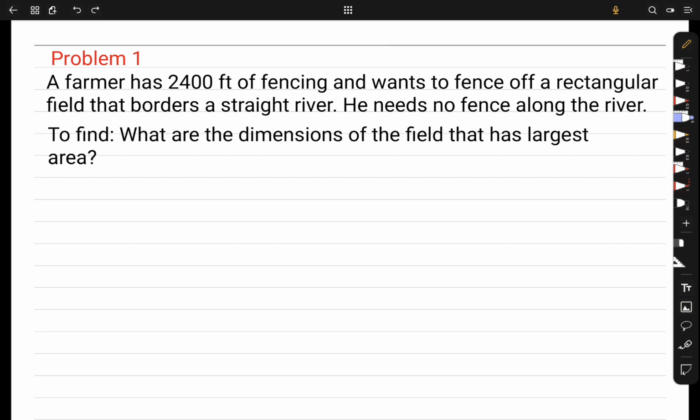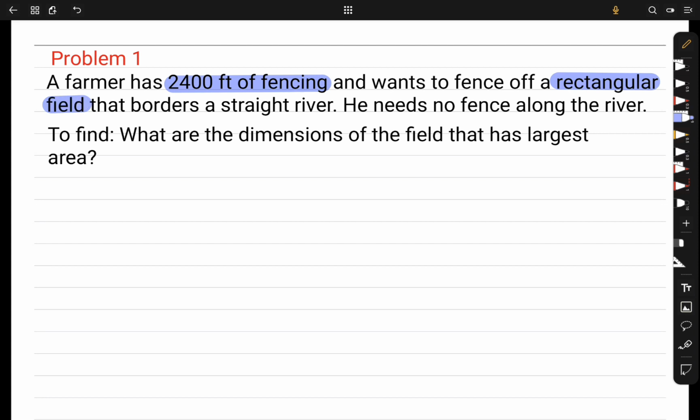Here is already indicated the condition. We're going to find yung ating largest area. Also, there are certain keywords for us to have the given for our problem. So the given could be the 2,400 of fencing, rectangular field.